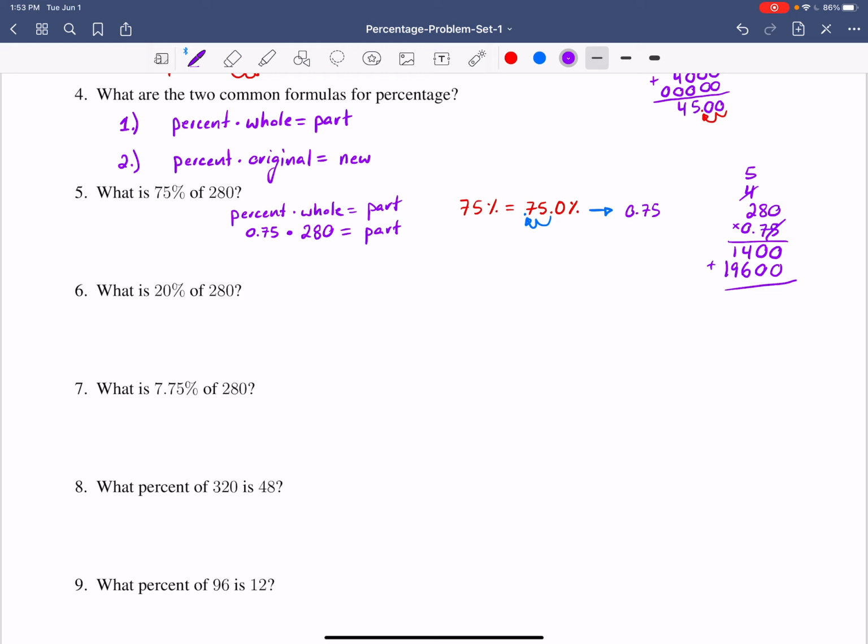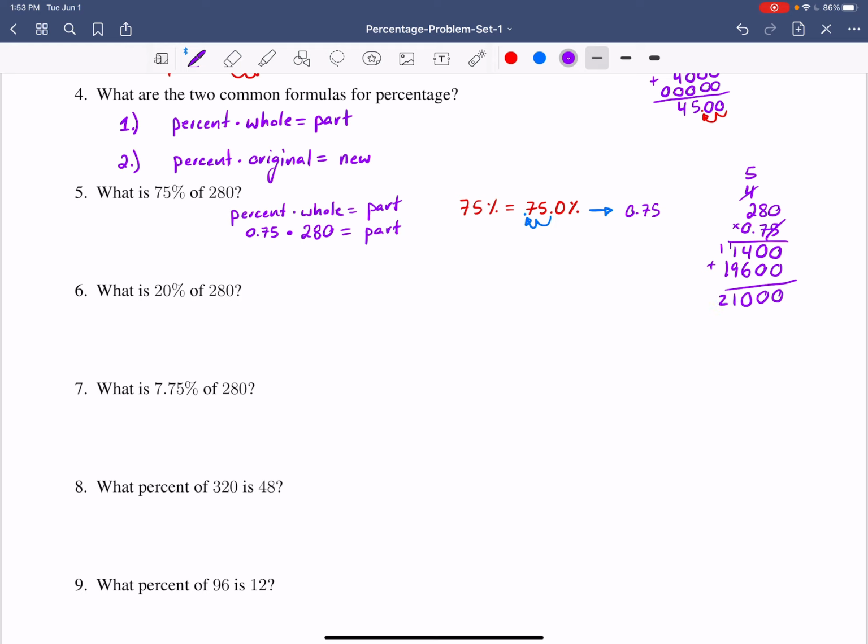When we add, 0 plus 0 is 0. 4 plus 6 is 10, so put a 1 up top, the 0 right here. Now 9 plus 1 is 11. So 1 up here, 1 down below, and 1 plus 1 is 2.